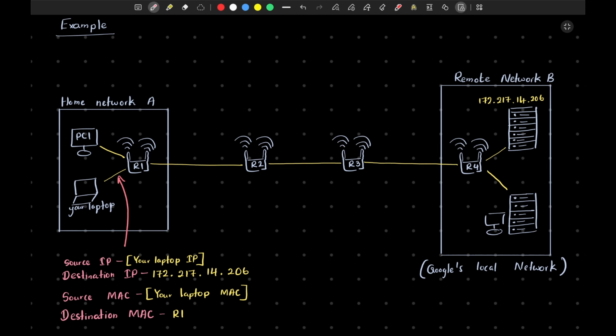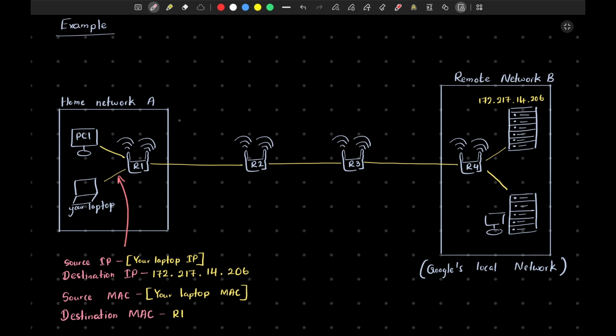Because the laptop first checks whether this IP address is an IP address of this network, but it is not, so it needs to send the data to the internet and then find the IP address by routing. So first it forms the IP address, then fills this data, and this will be sent to router 1. Then router 1 will forward to the internet, to some router on the internet.